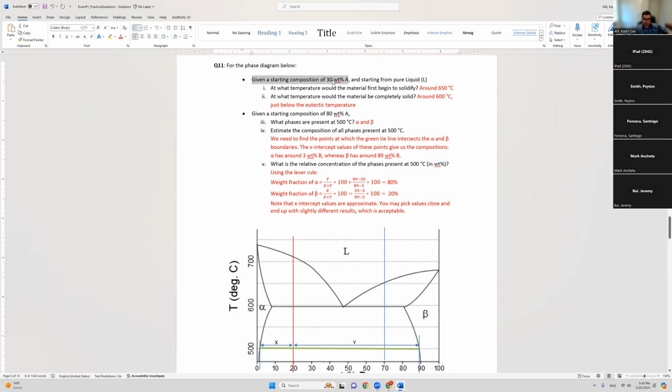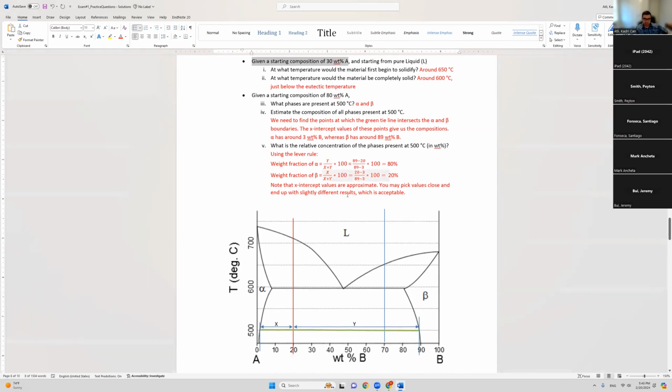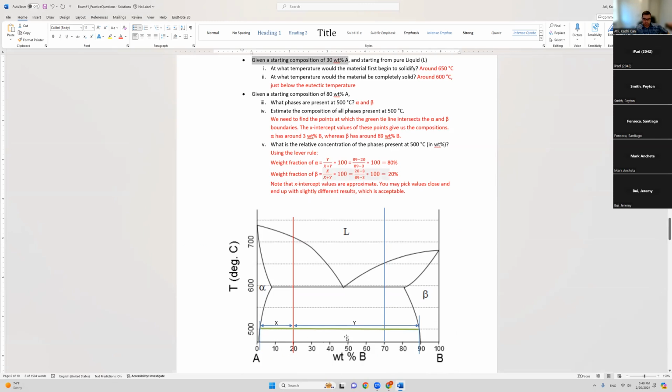Given a starting composition of 38% A, be careful, because in our plot, the x-axis is given in terms of weight percent of B, not A. So 38% of A should be equal to 78% of B. So I should be looking at this vertical line here, which gives me the 78% of B.